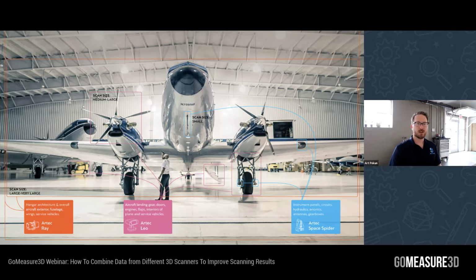And we know that the Artec line of scanners are a really great solution for that. The scans align really well together and the software is able to process that data well together. So today we wanted to show how we can do that and demonstrate 3 different scenarios.